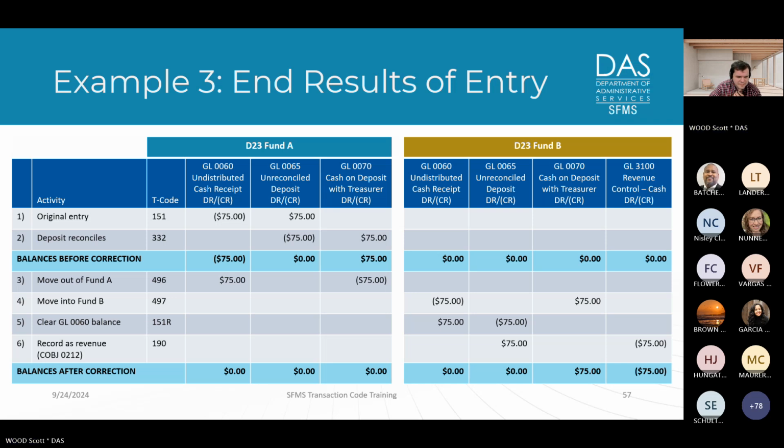We moved everything out of undistributed cash receipt and completely cleared out cash on deposit with Treasury, whereas on the Fund B side, we moved everything to cash on deposit and revenue cash control. This is just one of those things you'll have to do once you're dealing with unidentified deposits. We can't have everything sitting on the account without figuring out where it goes.